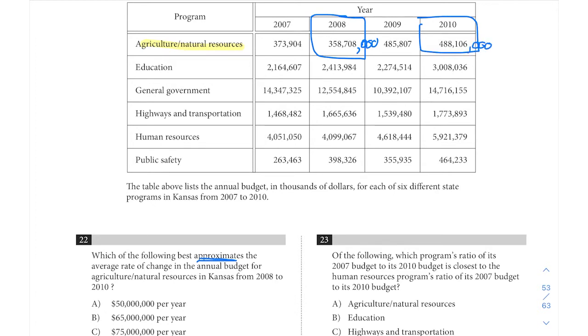And in 2010, it's about 488 million. But let's use rounding to our advantage to make the calculation easy. Let's do 488 minus 358, which comes out to be a difference of 130.